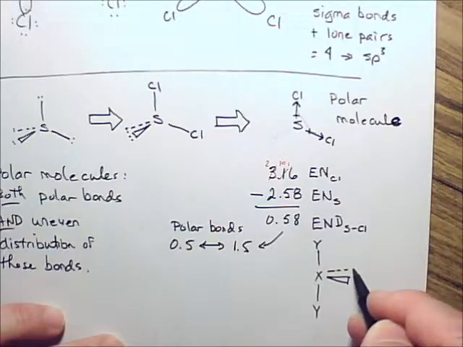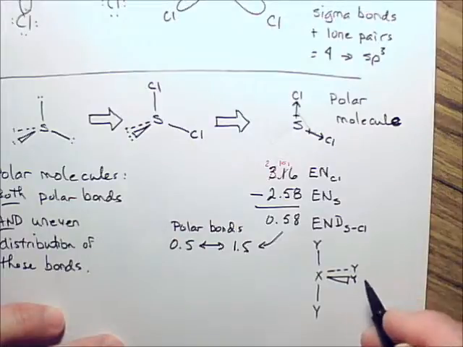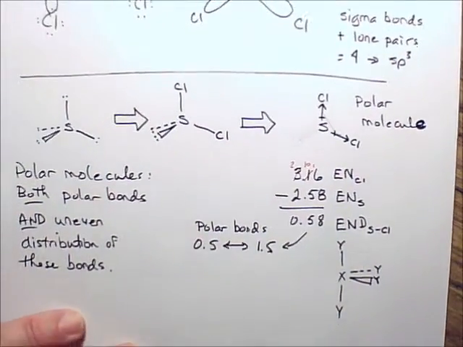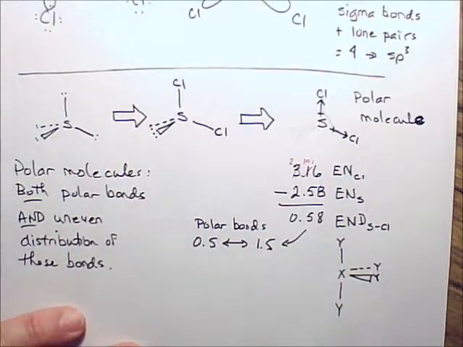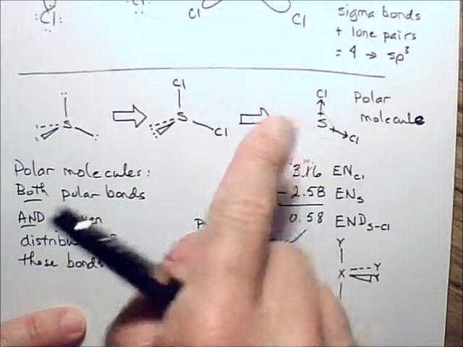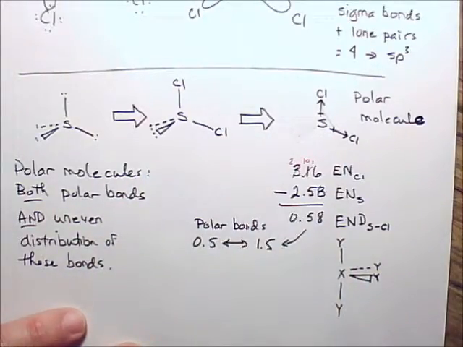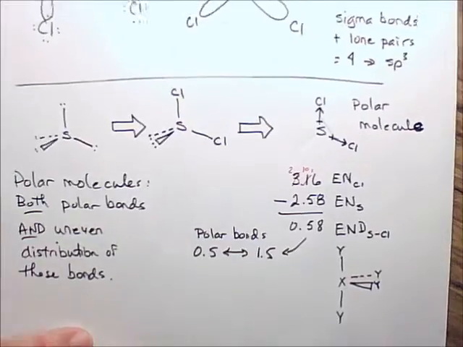No, it's a tetrahedral, but it's an unbalanced sort of tetrahedral. The name just escapes me at the moment. That's an uneven distribution. Okay, a lot of different uneven distributions are out there, but basically, if you don't have an even spread of all the bonds around that central atom, then that's an uneven distribution.